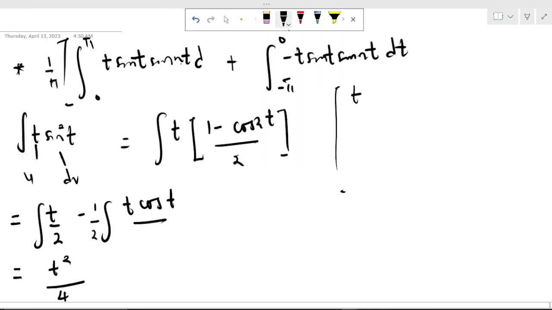And our cos is our dv. Integrating cos, we get sine. Then minus integral v du, where v is sine and where du is 1. So this gives us t sine t. Integral of sine t is minus cos t. So this gives us t sine t plus cos t.